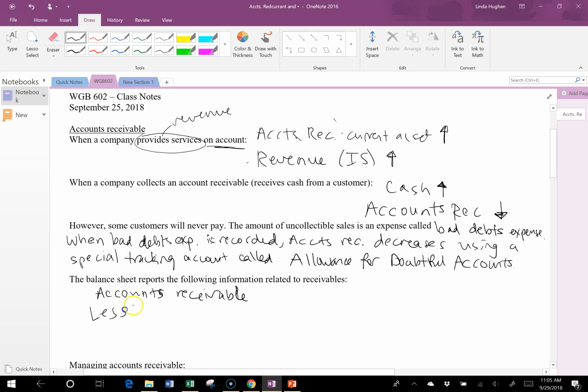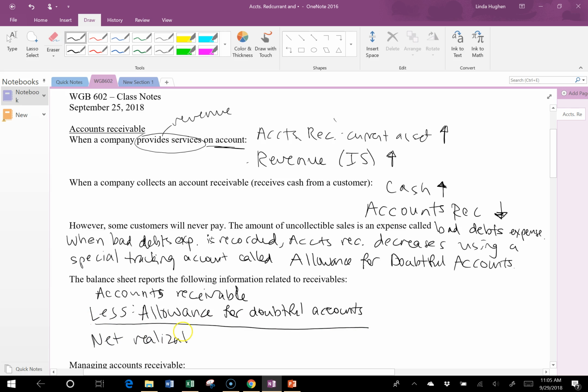And the company will always report next to that the reduction to accounts receivable for that estimate of what they won't collect, the allowance for doubtful accounts. And we call the estimated portion of the cash that the company expects it will collect, we call that the net realizable value of accounts receivable.